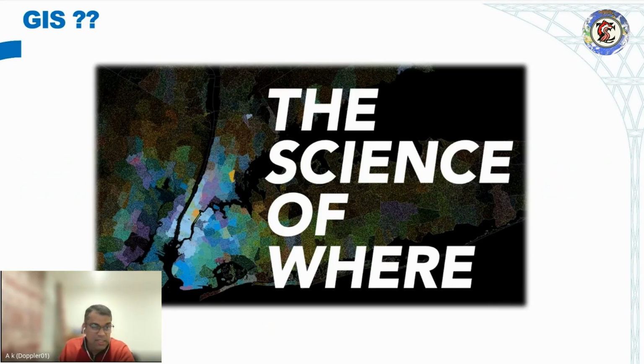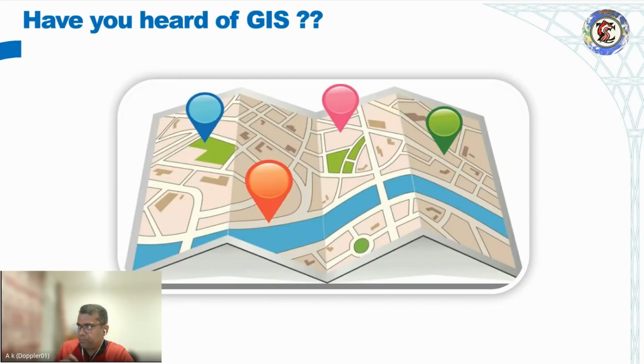In other scientific terms, it is also known as the science of where, because GIS is Geographic Information System. It is associated with a location, everything related to any location, and then presenting and doing some analysis of that location.